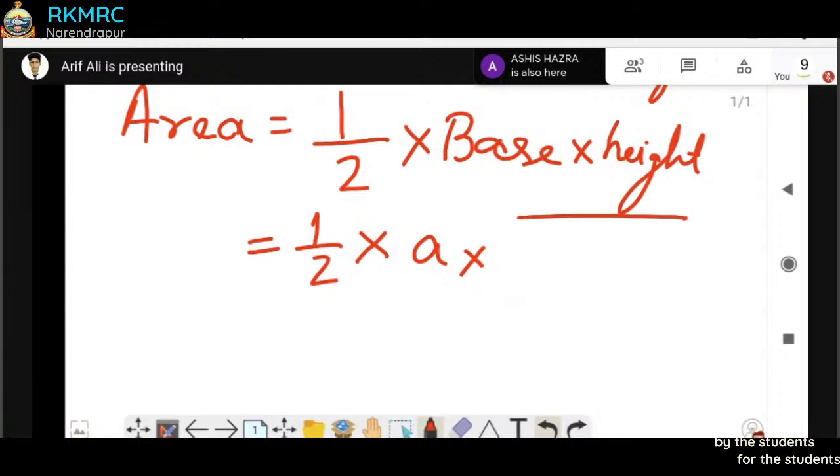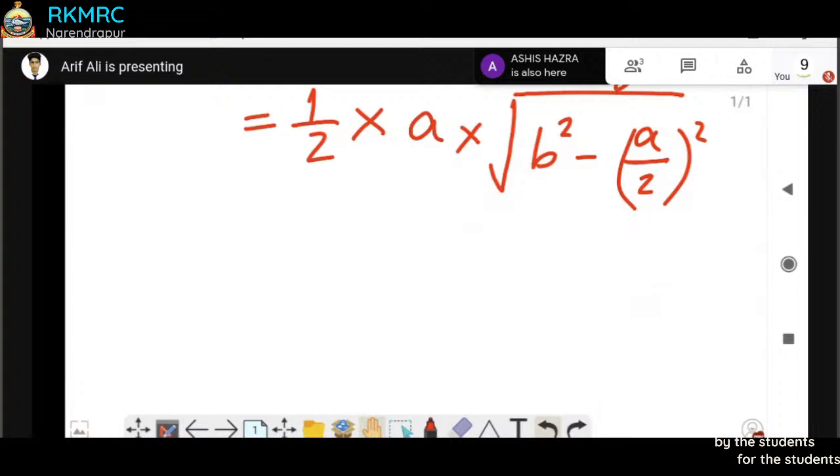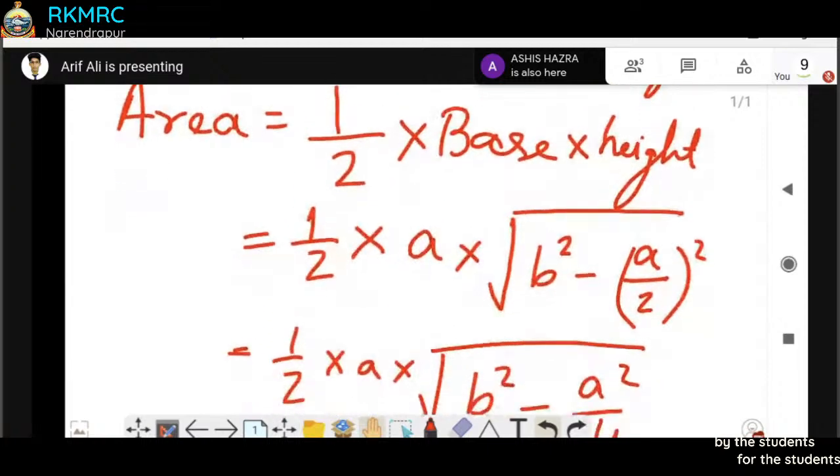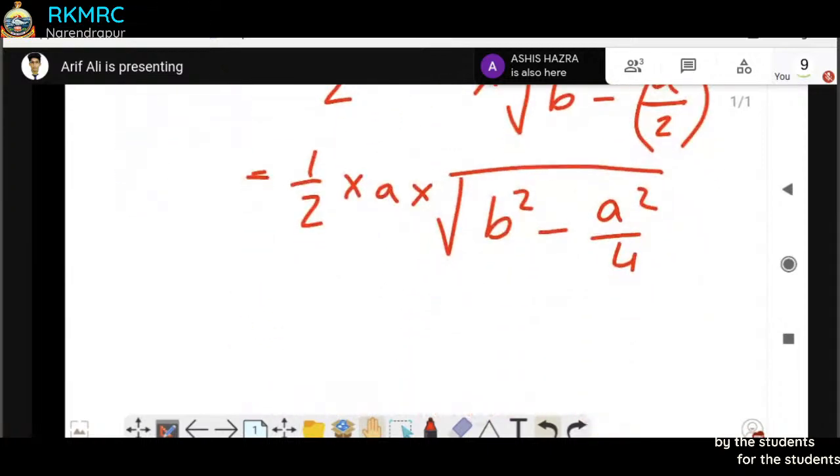Just now we calculated root under b square minus a by 2 whole square, or you can check in your book, it's written like this. Both are the same thing. This is your formula for area of isosceles triangle.